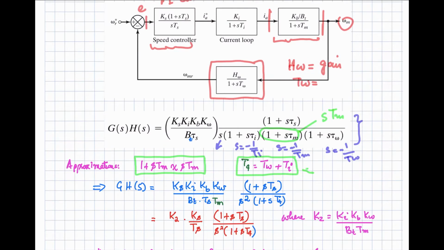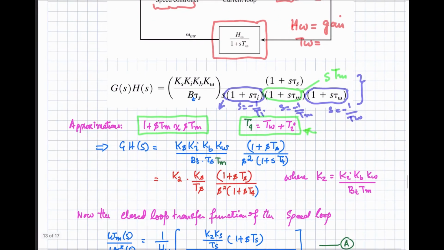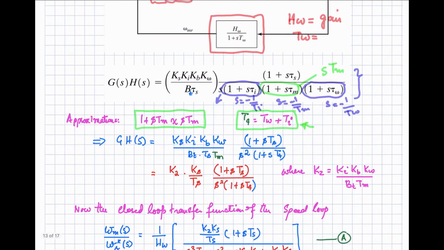So combining them together, we are going to say that it is T4. So we are combining this term 1 plus s Ti and 1 plus s T omega, right? Okay, so we can represent these ones like this: 1 plus s T4.